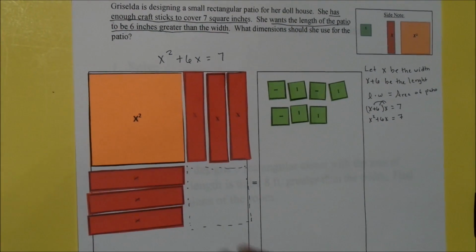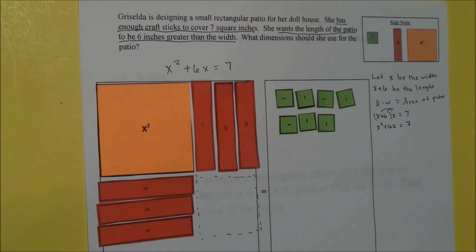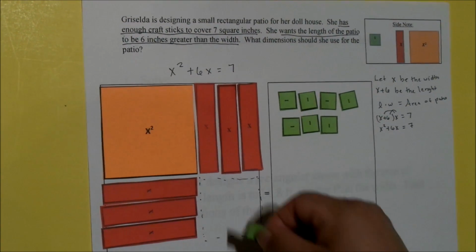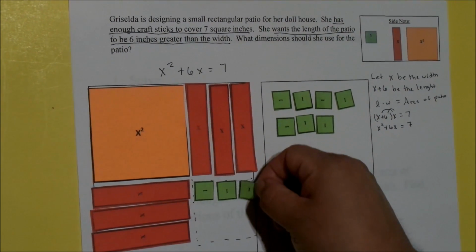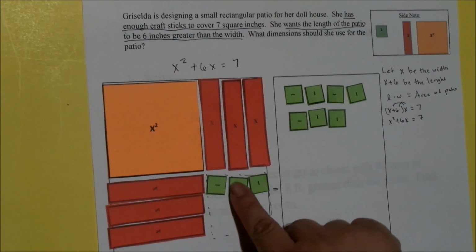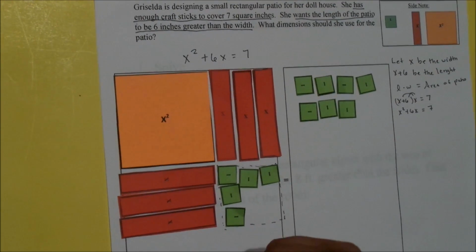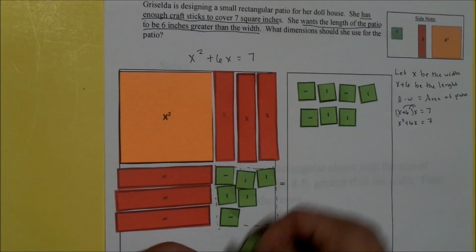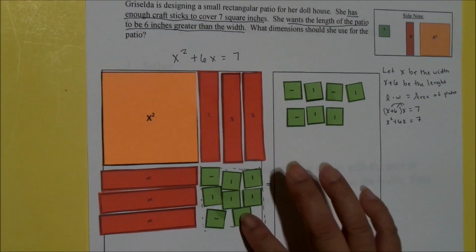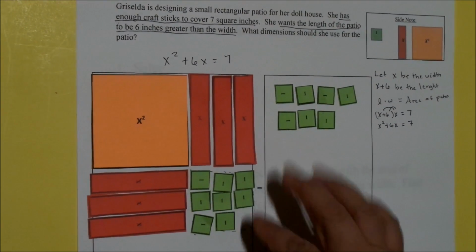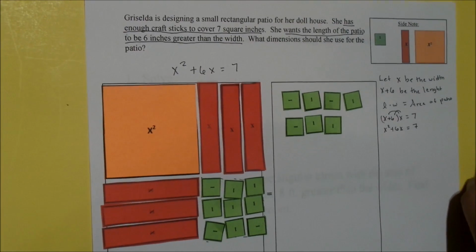Now we go back to the left side of the equation mat and find out how many 1 tiles it takes to complete the square. 1, 2, 3, 4, 5.